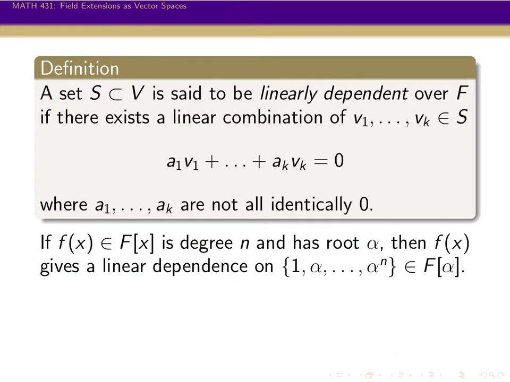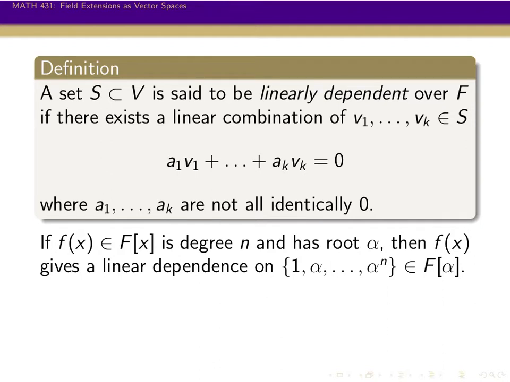And then, one way to think about linear dependence is a polynomial over F. If alpha is a root of it, that actually gives a linear dependence on those powers of alpha, right?